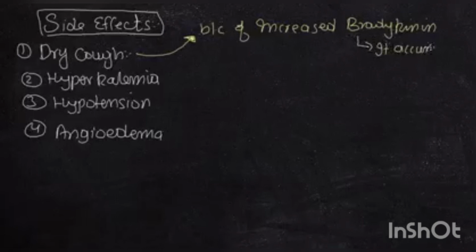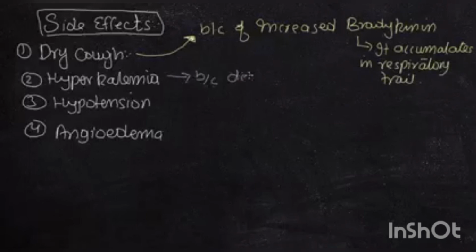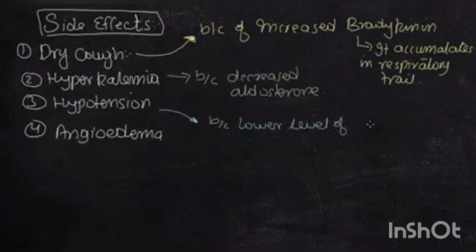It is thought to accumulate in the respiratory tract of the lungs, so it causes dry cough. Then we have hyperkalemia because of the decreased aldosterone secretion. Then we have hypotension, which is associated with a lower level of angiotensin 2, a potent vasoconstrictor.